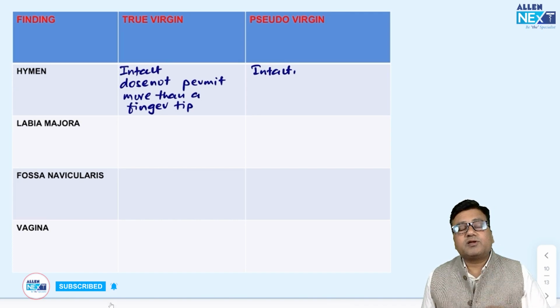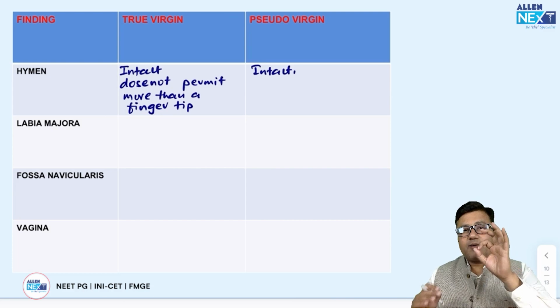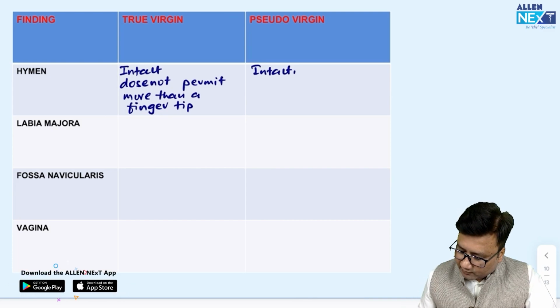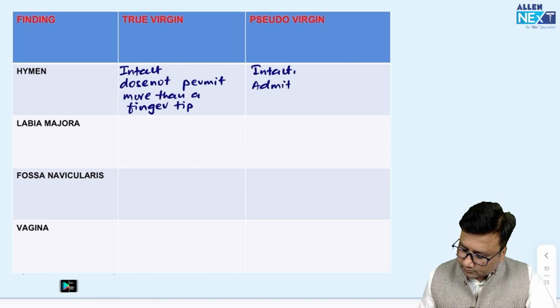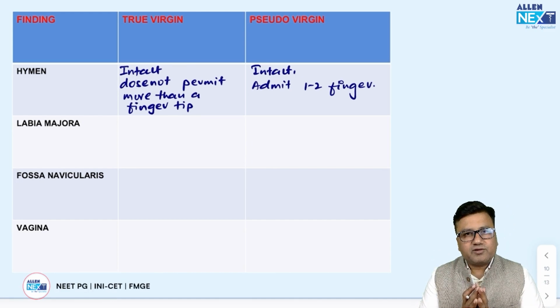But in a pseudo virgin, or a female who has experienced sexual intercourse, because the hymen would be dilated, it would admit 1 to 2 fingers. So when you do a PV examination, you can make that difference.